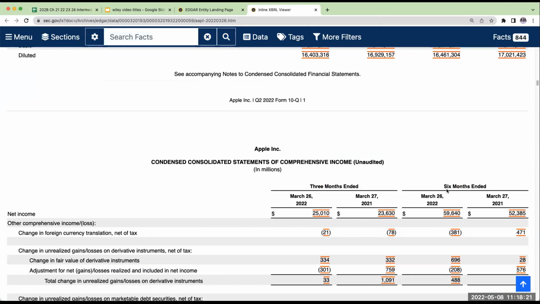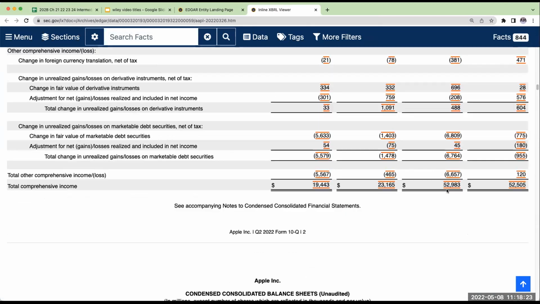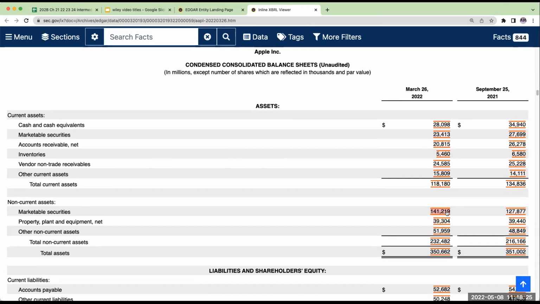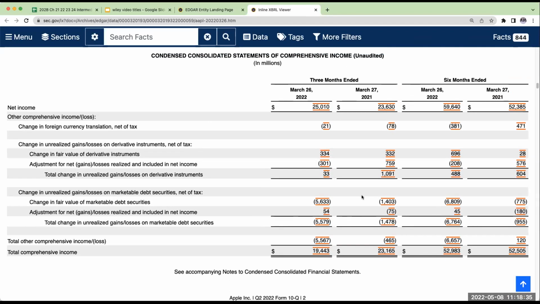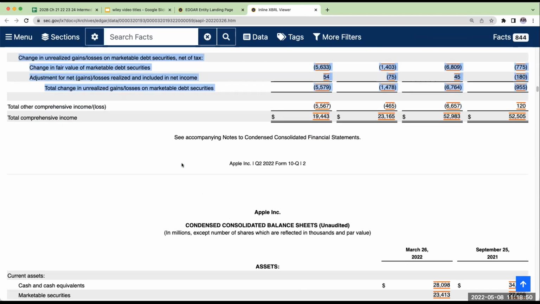So if we look over here, what you'll see as well, we have to show the change in fair value, even if we're not selling anything, right? So I would credit marketable securities or debit marketable securities, depending on what would be happening. But then what we saw there is that unrealized holding loss. This is going to be included in other comprehensive income. It's not net income because we didn't make the sale, but it's going to be in other comprehensive income.